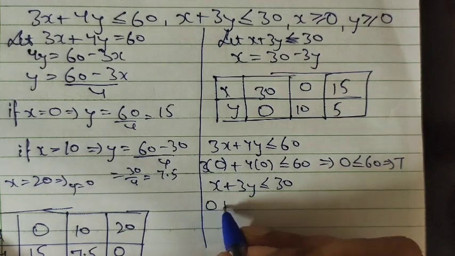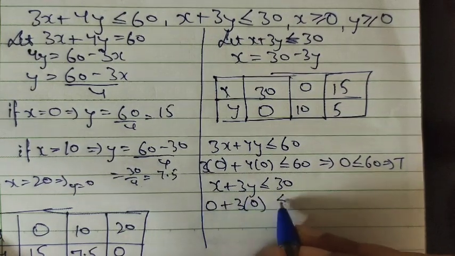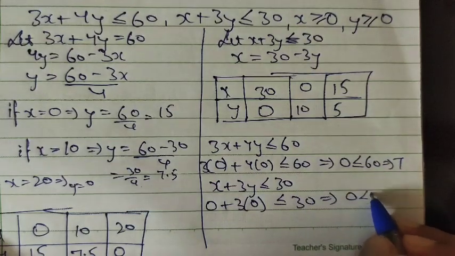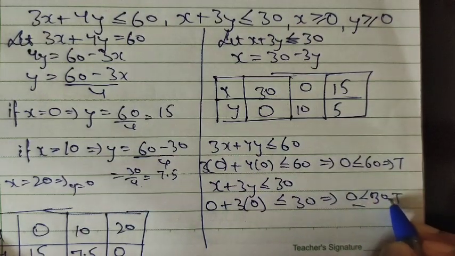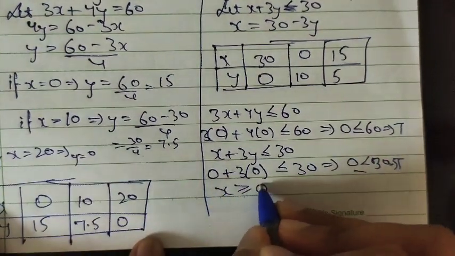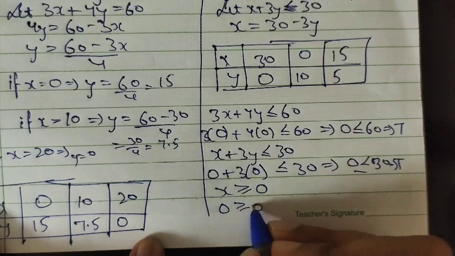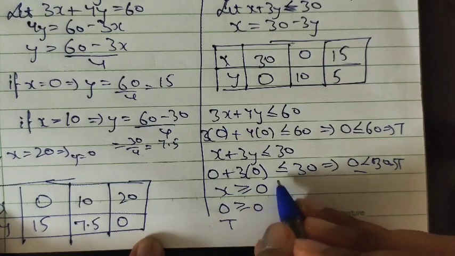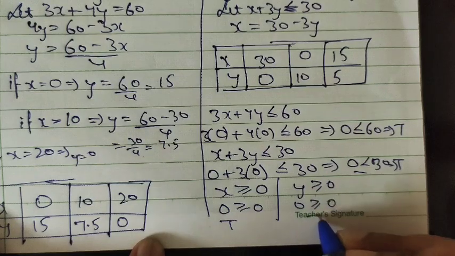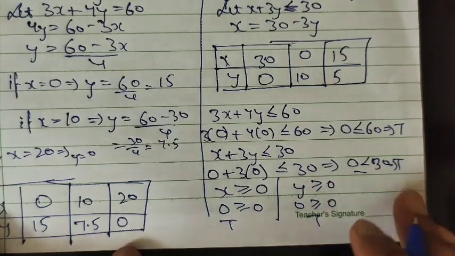So 0 plus 3 times 0 is less than or equal to 30. This implies 0 is less than 30, true, right? Or x is greater than or equal to 0. So 0 is greater than or equal to 0. That is also true. y is greater than or equal to 0. 0 is greater than or equal to 0. That is also true. So all conditions are true.